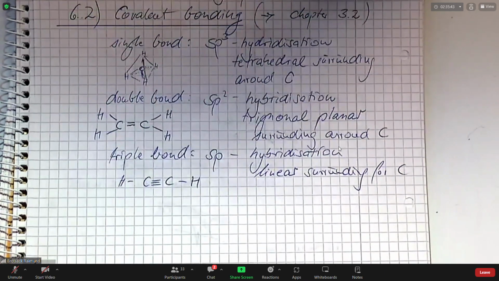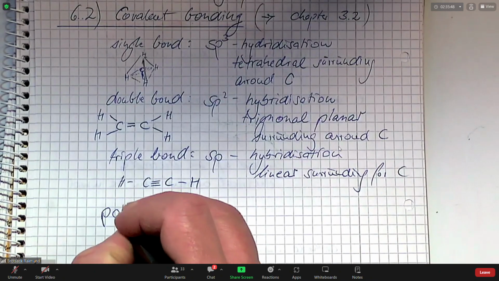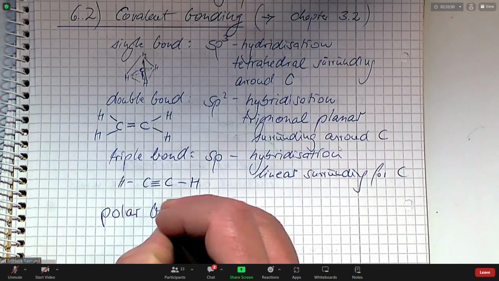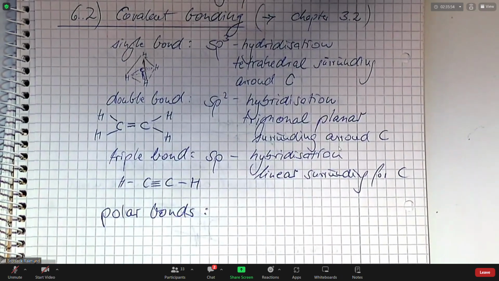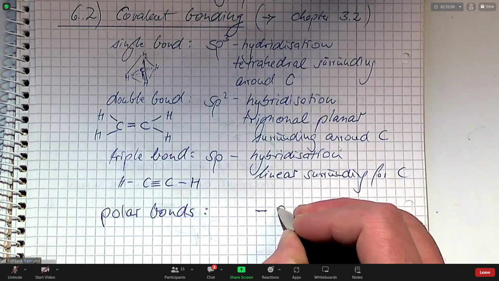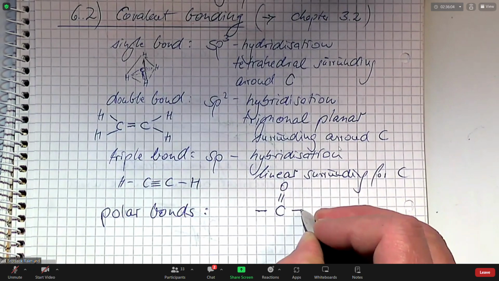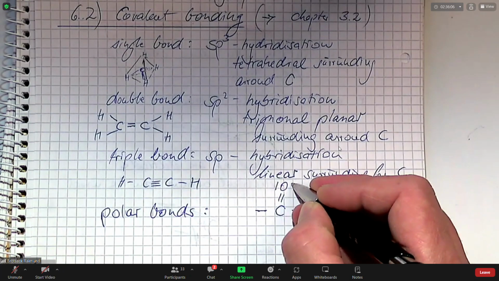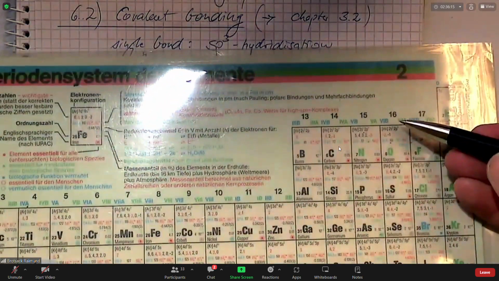Sometimes we have even polar bonds, only when we talk about different atoms. Here, for example, a very important one is the carbonyl function. Here, the oxygen has 6 electrons in the outer shell, because we are in the 6th main group.